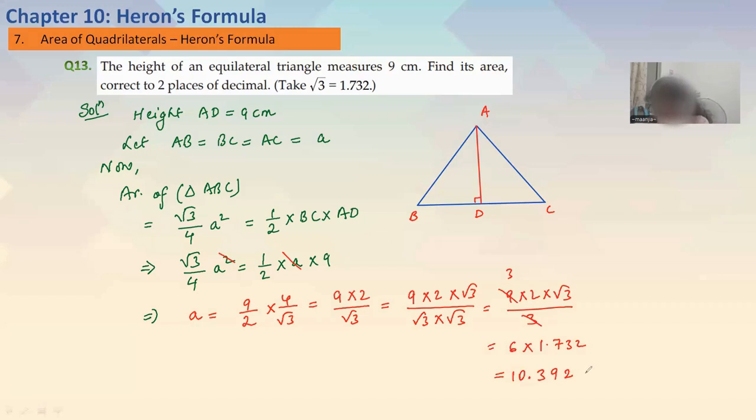Right, girl? Am I clear to here? Yes, sir. You know what? We have to find out the area, correct to decimal places. But it doesn't look like there is any need of doing so, right?